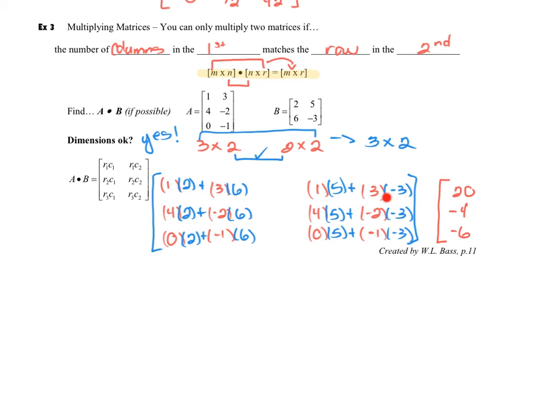My 5 plus my -9 is going to give me a -4. My 20 plus my +6, you've got to be careful on your signs there, is going to be a 26. And lastly, I'm going to have my 0 plus my 3, which is going to give me my 3. So that is my final answer for my matrix multiplication.